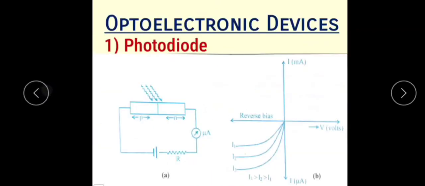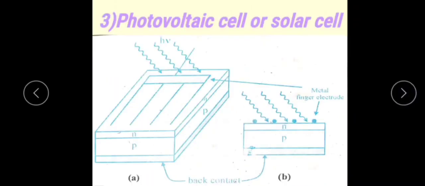In the last class we studied that this is a PN junction diode, but in the photodiode case there is one external connection. But now in the photovoltaic cell or solar cell, there is no additional connection here. Once the solar radiation falls on the diode, it converts solar energy into electrical energy.